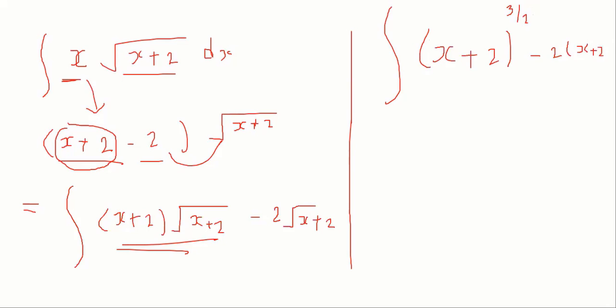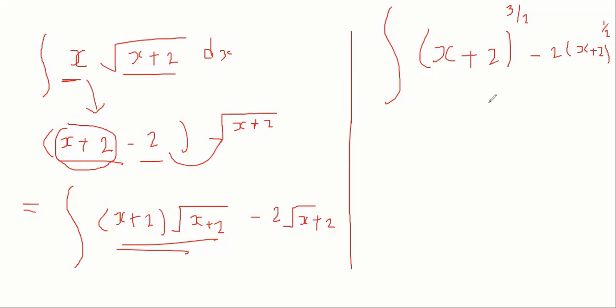Now tell me, Usha, or Tushar, or anybody, can we integrate this easily or not? Yes, x plus 2 to the power 3 by 2 is my function in the form of x to the power n, correct? Which is very easy to integrate.